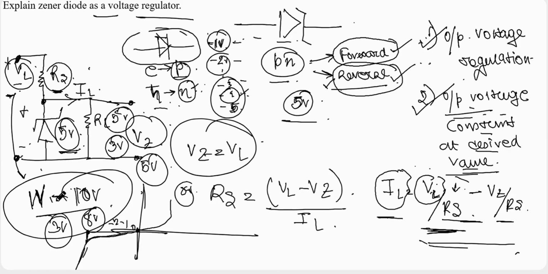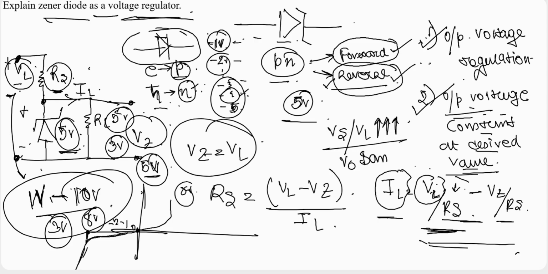So even if we apply 8 volt or 10 volt or 12 volts, the output voltage will be 5 volt. So this is one of the most important applications of the zener diode as a voltage regulator, because even if we increase the supply voltage, the output voltage remains the same.